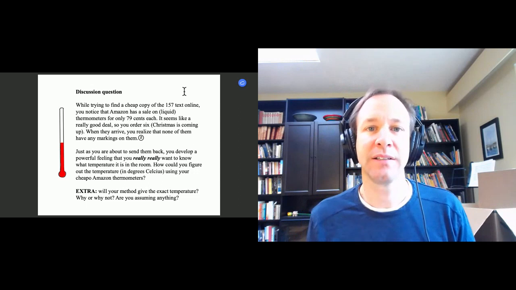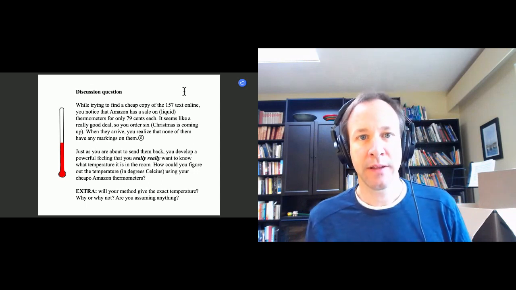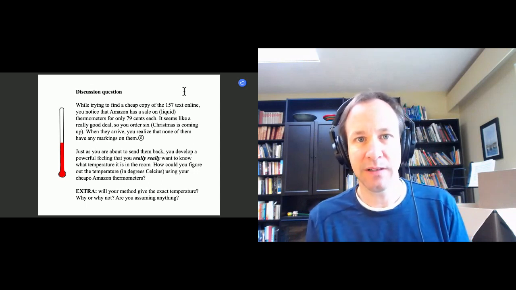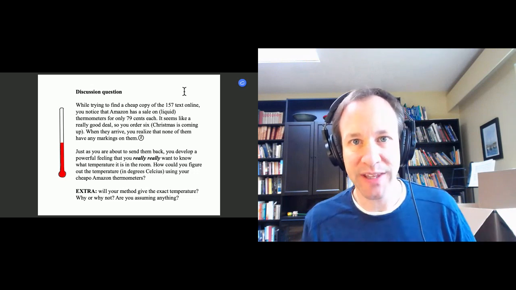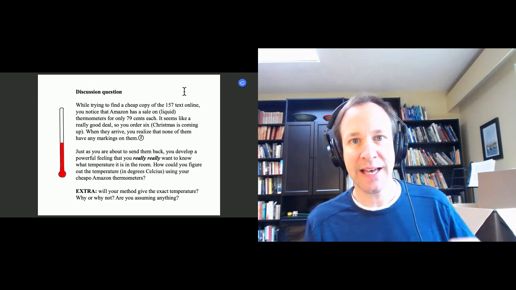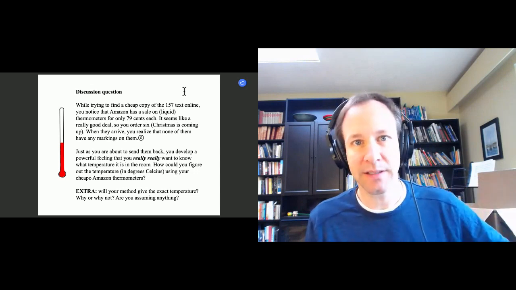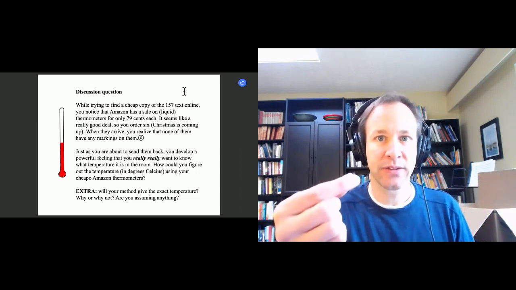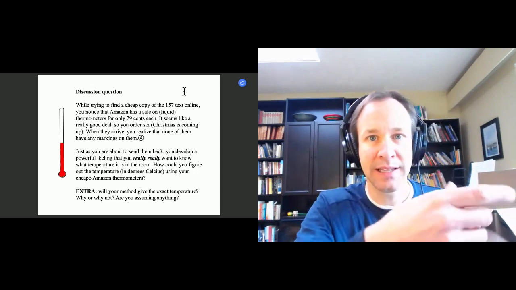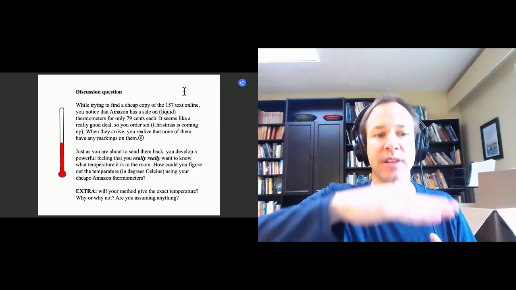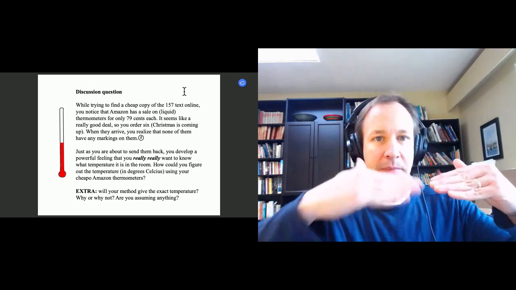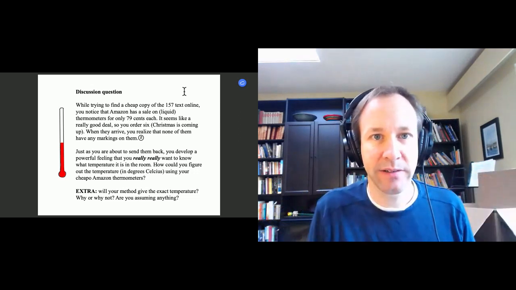One very easy way to make sure that water has a temperature that you know is to have water that's in equilibrium with ice. And you've probably learned that the temperature then is what we'd call 0 degrees Celsius. So if you put the thermometer in the ice water and then see where the level of the mercury is, you could place a marking on your thermometer that is 0 degrees Celsius.